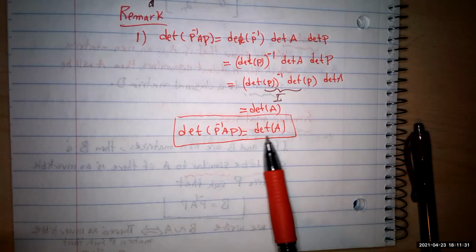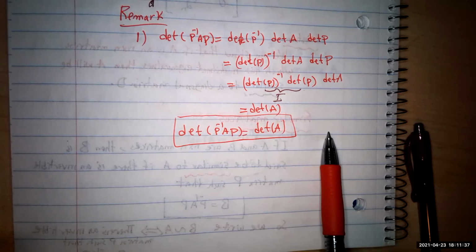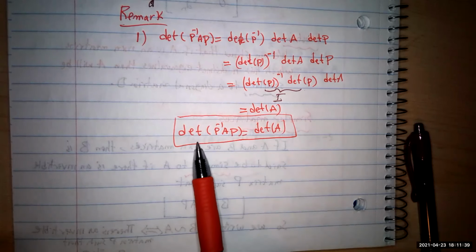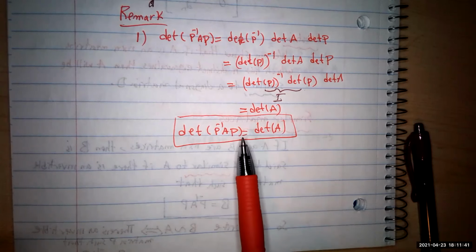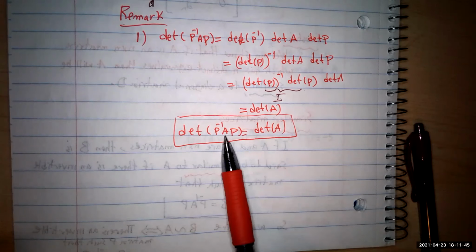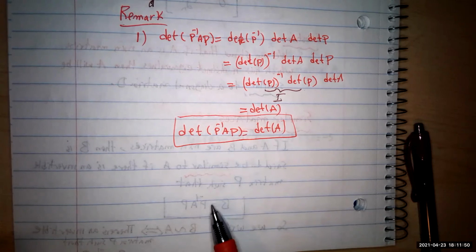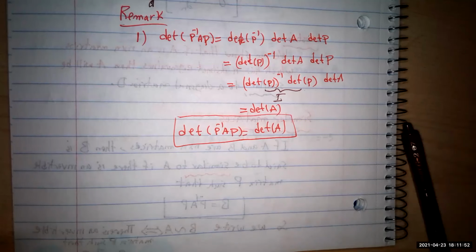If you want to find the eigenvalues, remember, you have to consider the determinant of A minus lambda I. If you consider this one for the other matrix, it's going to be P inverse AP minus lambda I. This identity tells you that these two matrices would have the same eigenvalues, which is going to be very useful.